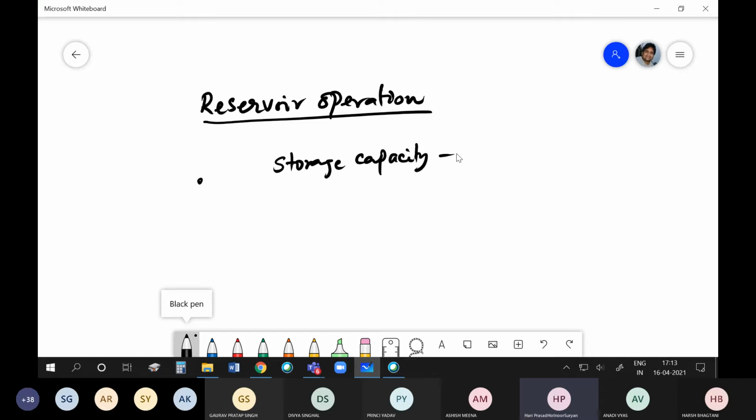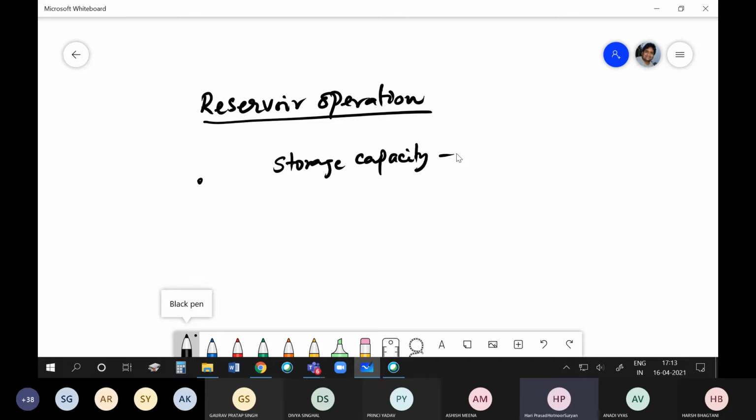Anything in excess of that has to be released. Usually spillways are used to release this excess water whenever the reservoir becomes full. Even then, if there is inflow coming into the reservoir, it will be taken out by the spillways. Basically spillways, I would have taught in the last semester.